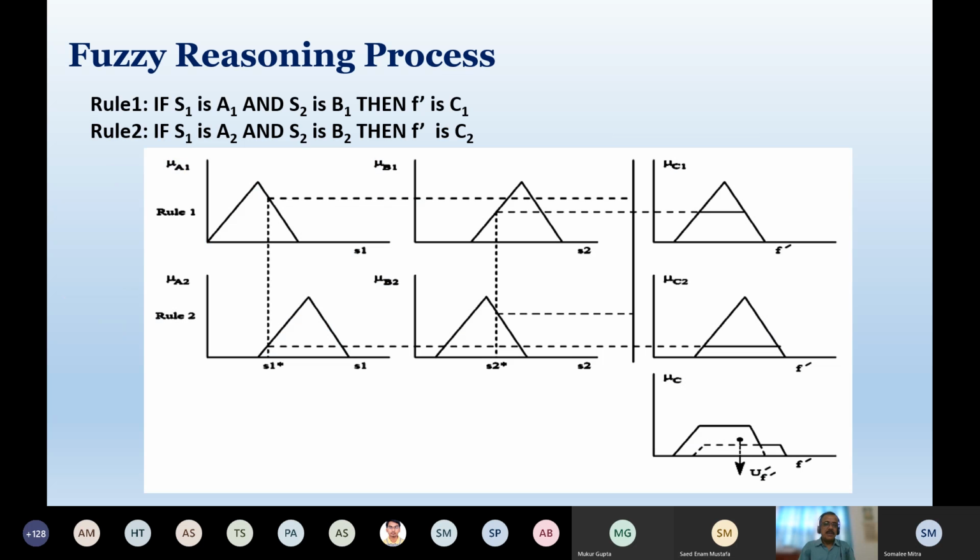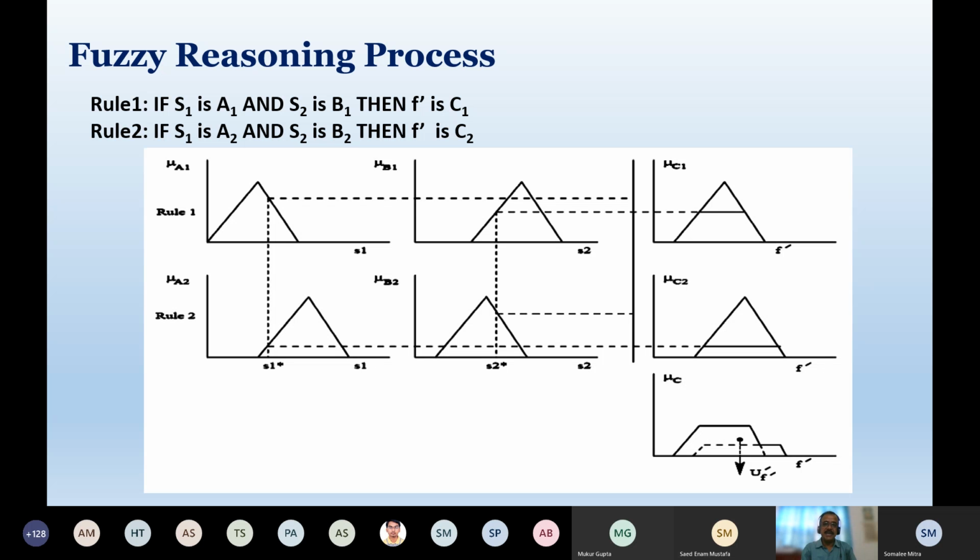Now, supposing that out of all the rules present in your rule base, for simplicity, only two rules are going to be fired. So fired rule 1 is something like this. If S1 is A1 AND, and remember, here I am using capital AND. There is a purpose.